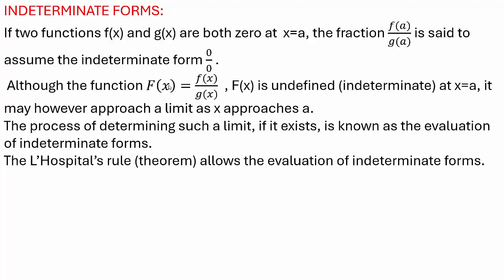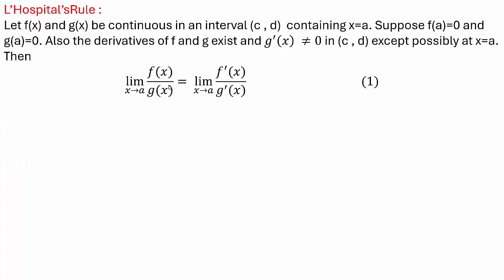L'Hospital rule allows the evaluation of indeterminate forms. What is L'Hospital rule? Let f(x) and g(x) be continuous in an interval (c, d) containing x equal to a. Suppose f(a) equal to 0 and g(a) equal to 0. Both the functions become 0.